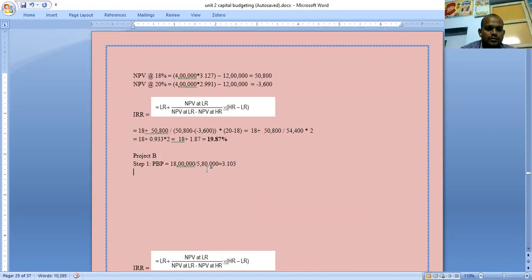So step 2, find the payback period in present value of annuity factor table, at 5th year row.